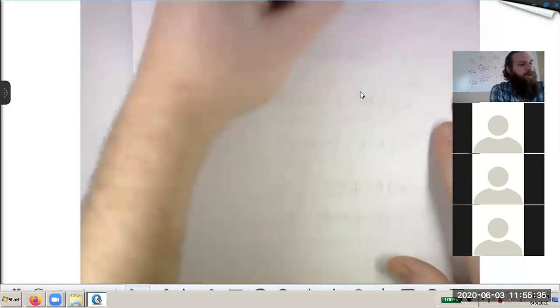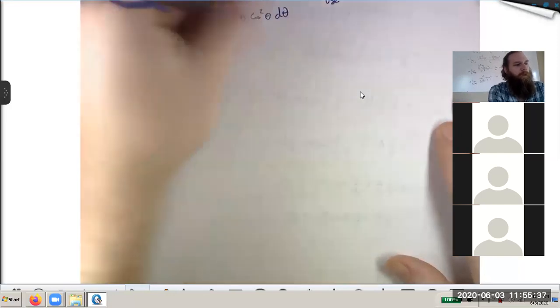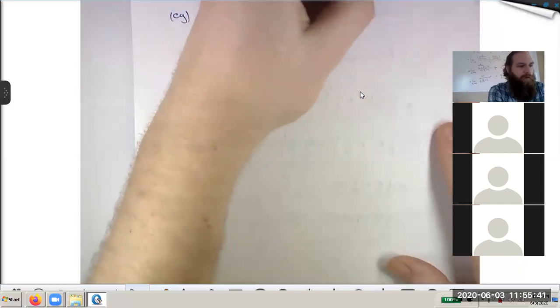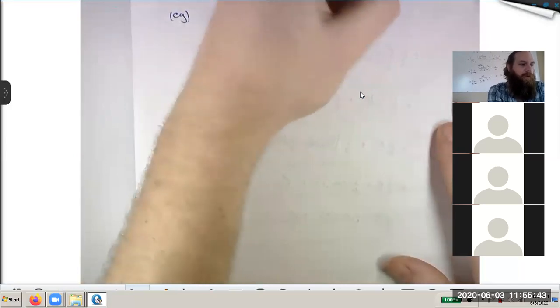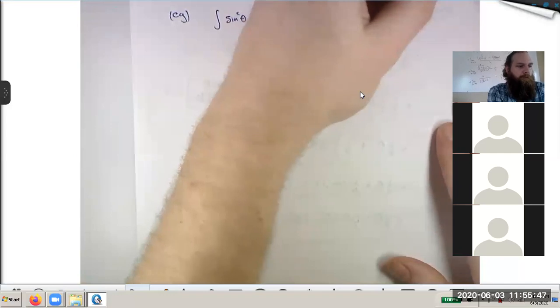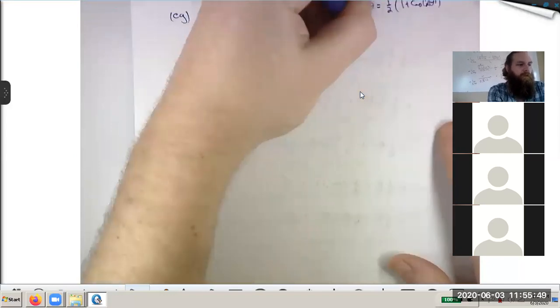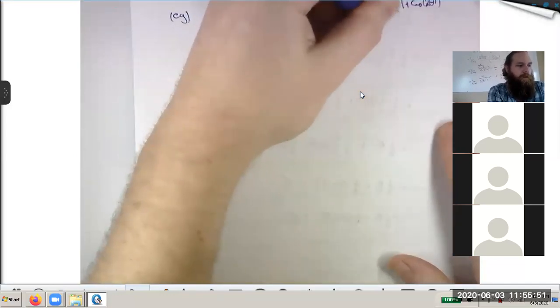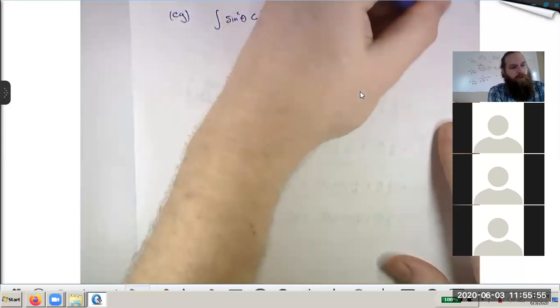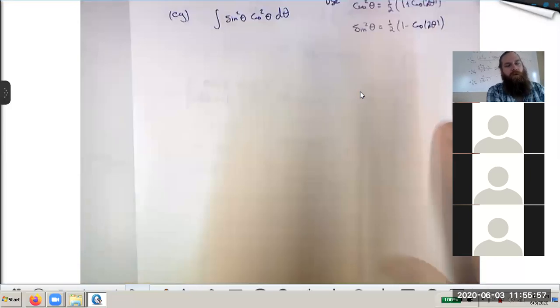So again, because both powers are even, we're not in that first case, we're in that second case where we need to just use those identities. Cos squared theta is 1/2 times 1 plus cos 2 theta. And sine squared theta is 1/2 times 1 minus cos 2 theta. They're very similar. They both end in cosines.